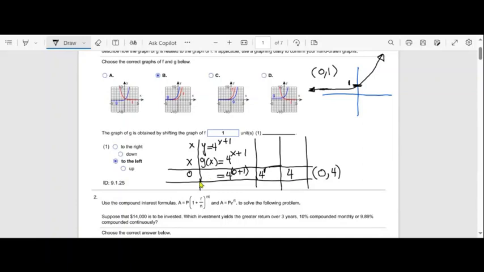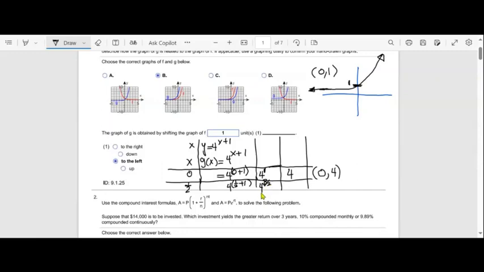Let's take another point. For example, if you take half, because the value between 0 and 1 is half. So it's going to be 4 to the power of what? Half plus 1. And that gives you 4 to the power of 3 over 2.